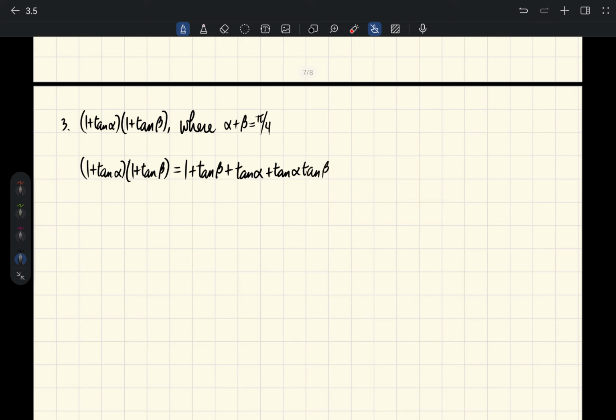Then what else can we do? This is quite a weird trick, but this one right here can be written as 2 minus 1. So this one is one of some dirty tricks that we can do. So we can write that as 2 minus 1 times tangent beta plus tangent alpha plus tangent alpha times tangent beta.